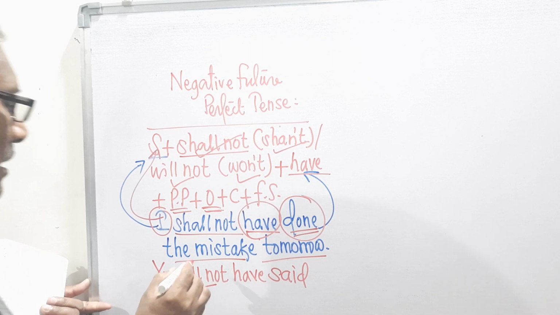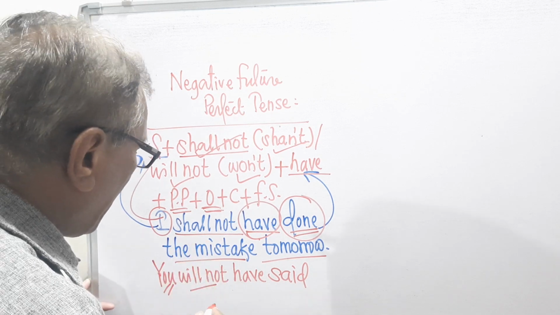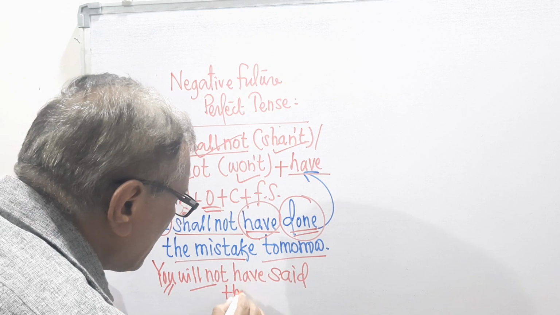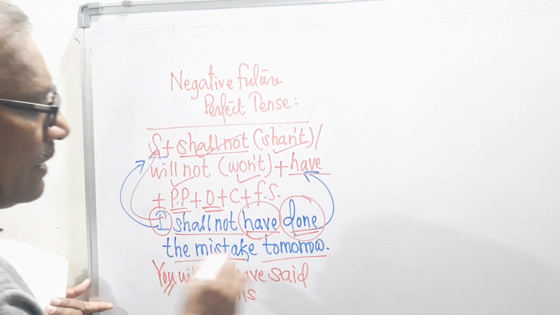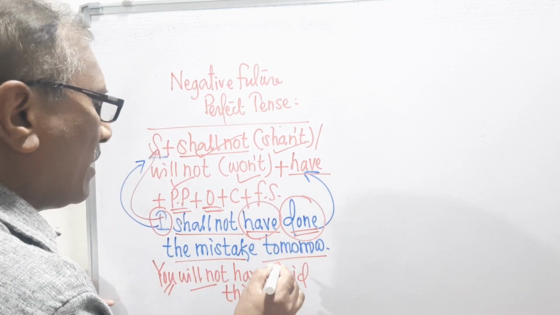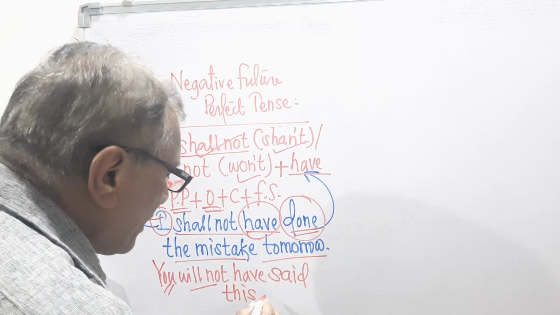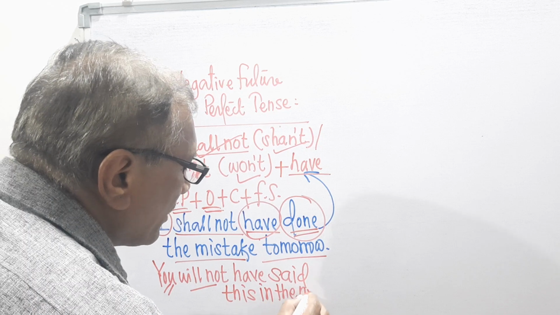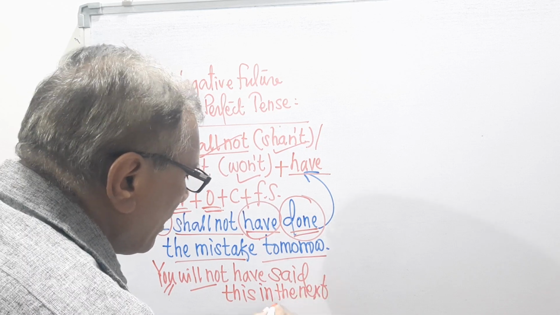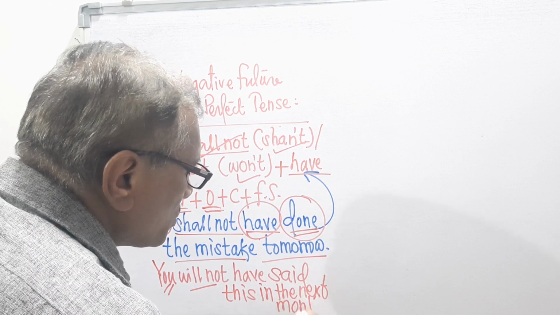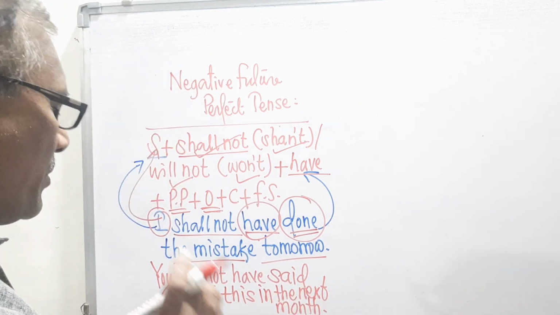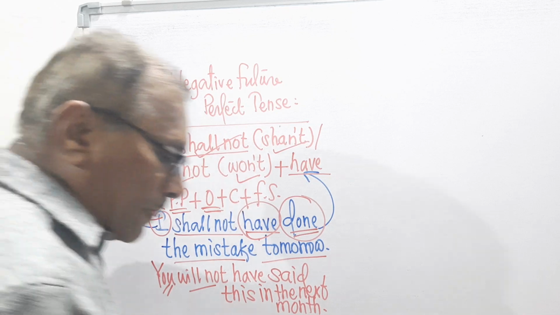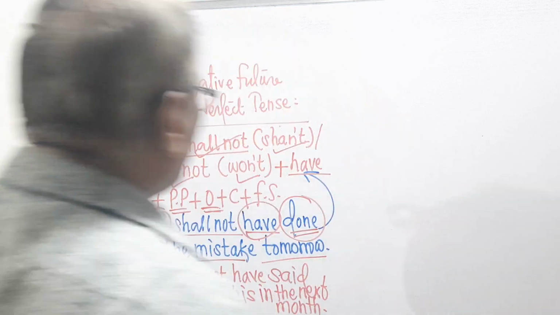Okay, PP. Then the object, this. Then I will take the complement, that complement will be in the next month. So in this way we can prepare the sentences of the future perfect tense.